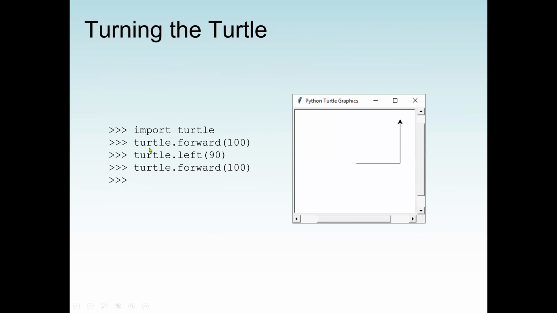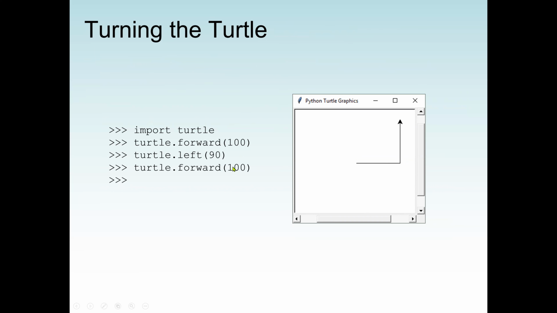We already have the turtle.forward, which gave us the horizontal line. Next we say turtle.left(90). Left will go up and right will go down. So with turtle.left(90), the direction will be up. And for the distance, the number of pixels, we have forward 100 again.